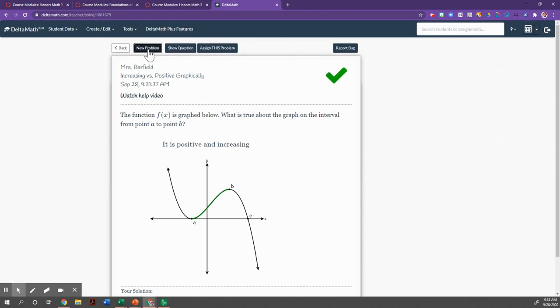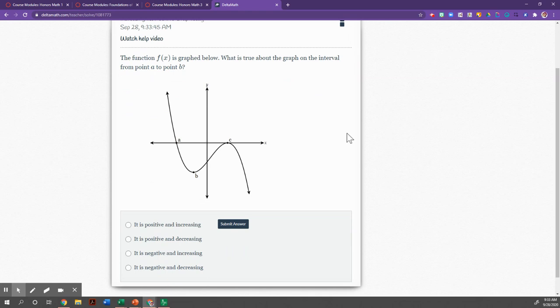All right, let's look at another one. It says here's another function. What is true about the graph on the interval from point A to point B? If I bring up my pen, from A to B I went downhill. Notice how I started at A and went to B, so I'm going downhill. So it's not increasing.